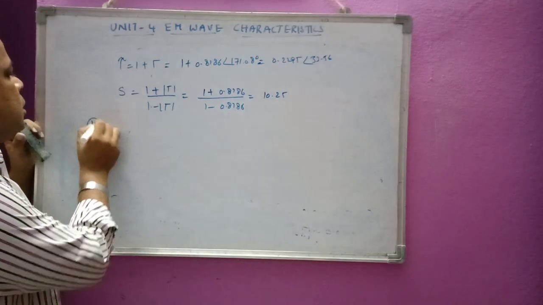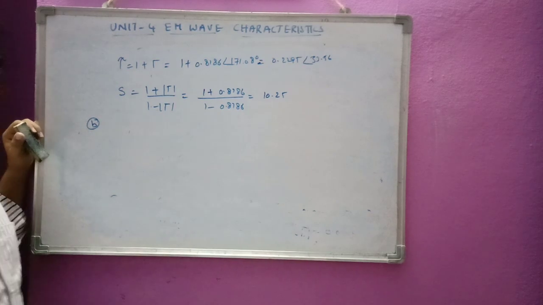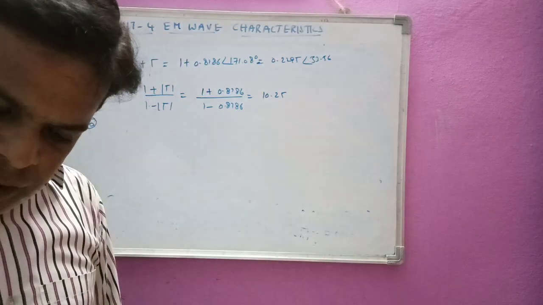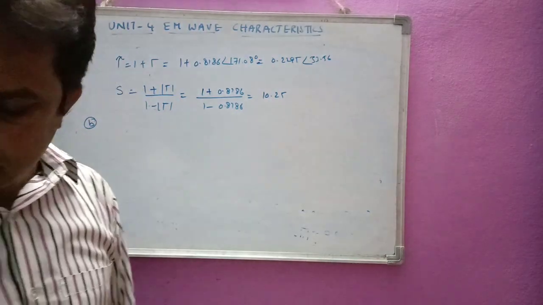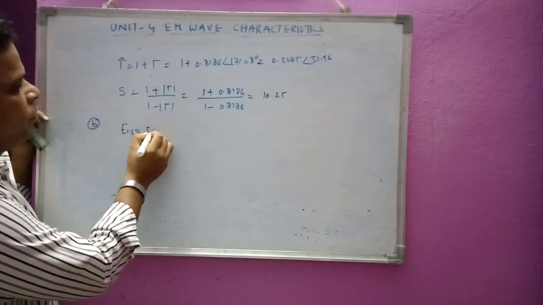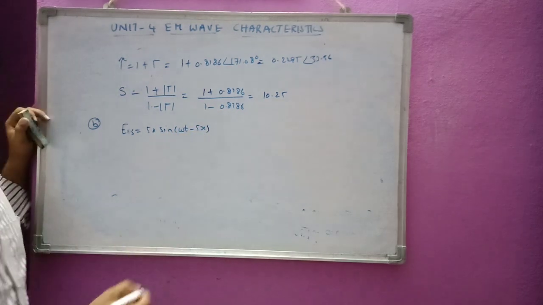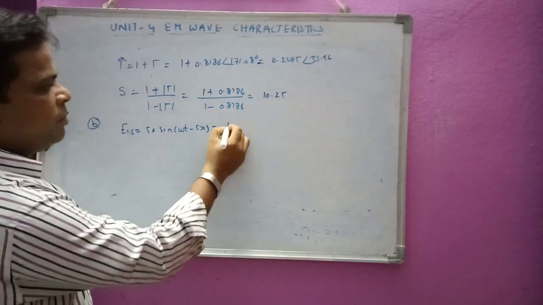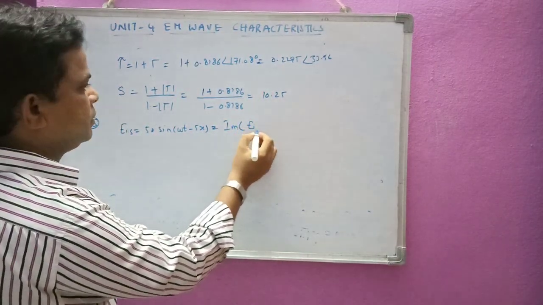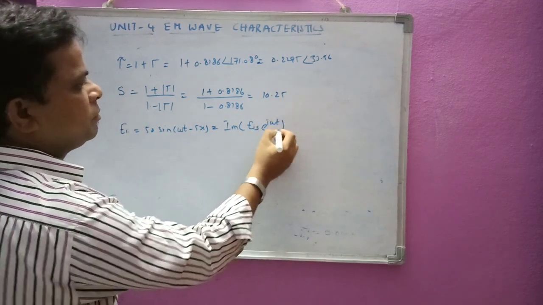Now we will do the B question here. So he has given EIS here, check the question. He has given 50 sin omega t minus phi x. I will write here as EIS, 50 sin omega t minus phi x. So I can write this value as imaginary part of EIS into e power j omega t.